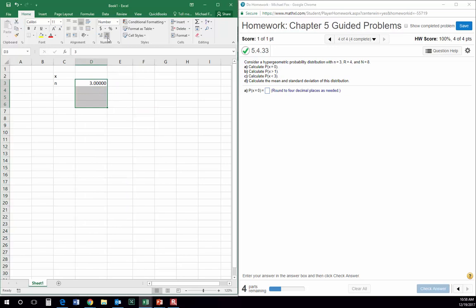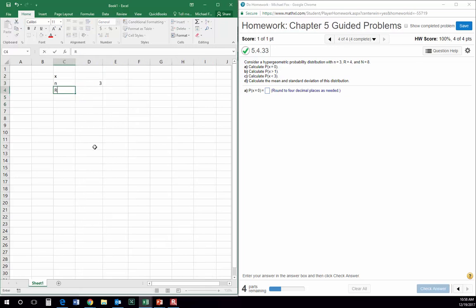Our big R is the number of successes in the population. In this case, our big R is 4. That's given to us. And our big N is the number of trials, if you will, in the population.